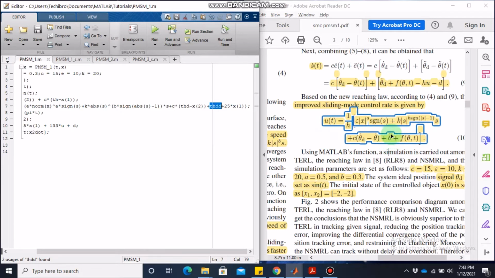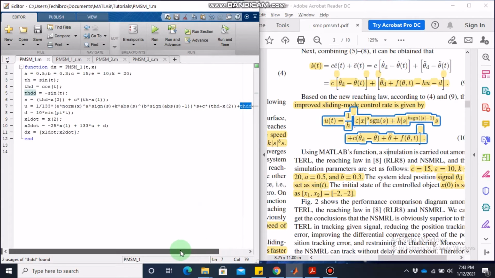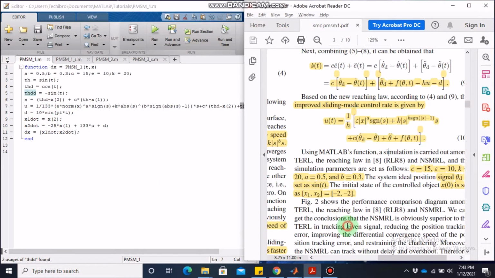So here I am assuming that there is a typo in the paper, and f of theta t is given as 25 times theta. So then d is 10 times pi t, which is given here.